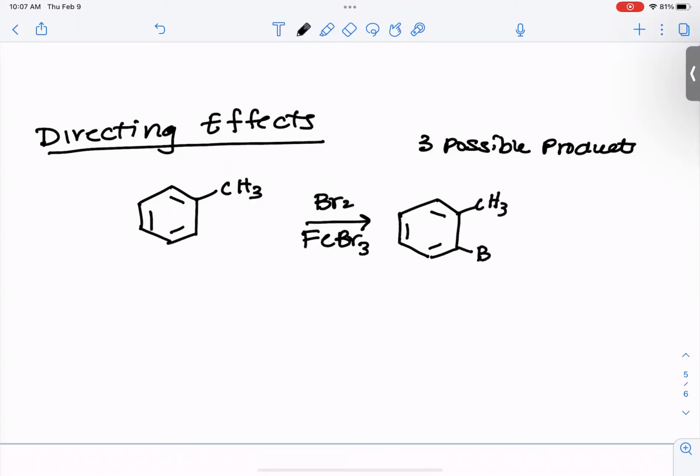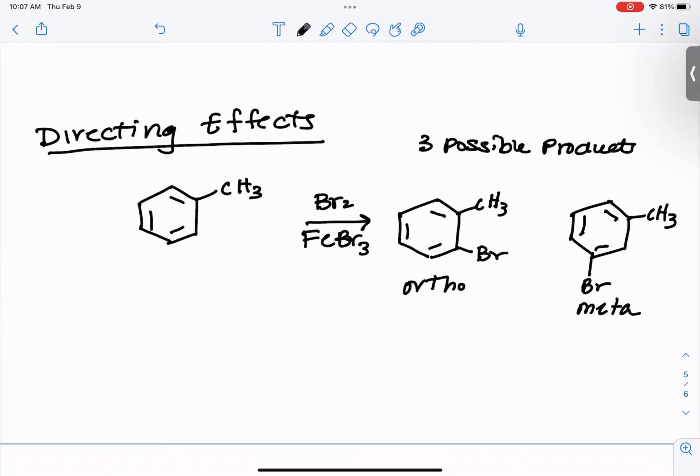The bromine can be ortho to the methyl group. The bromine can be meta to the methyl group, or the bromine can be para to the methyl group. Those are your 3 possibilities.